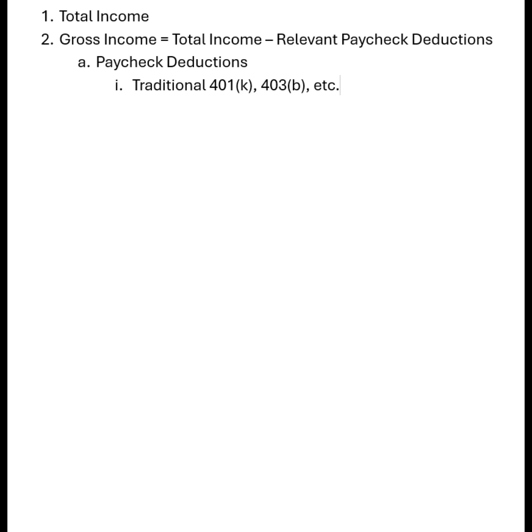But traditional IRAs are not included here, and that's because traditional IRA contributions are not from paycheck deductions. When you put money into an IRA, that's money that's usually sitting in your checking account, right? So that's not a paycheck deduction. Other relevant paycheck deductions here would be health insurance premiums, HSA contributions, any kind of FSA contributions.